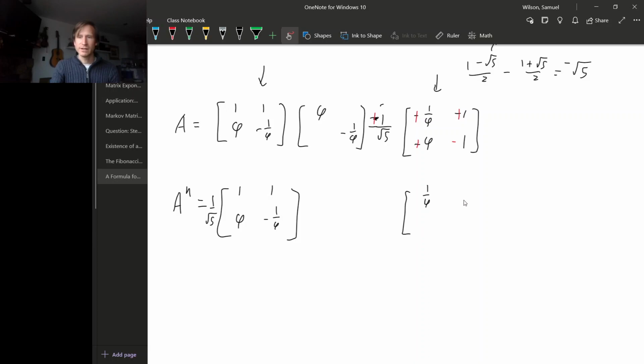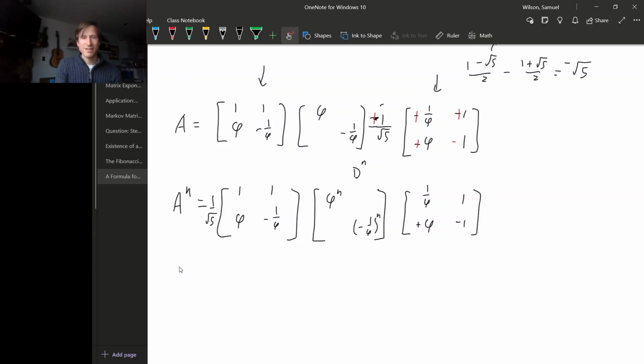So like this, this is a plus phi now, minus 1. And right in the middle, we get the nth power of the diagonal, but because it's diagonal, we just get the nth power of the diagonal entries, so phi to the n and minus 1 over phi to the n. All right, so this is the nth power of A.